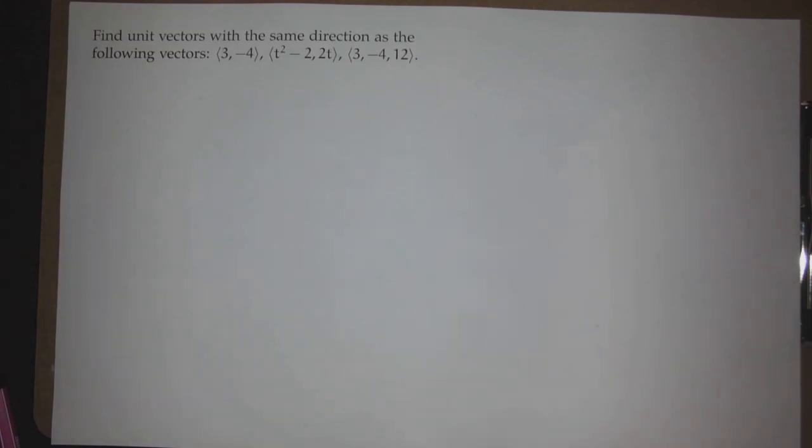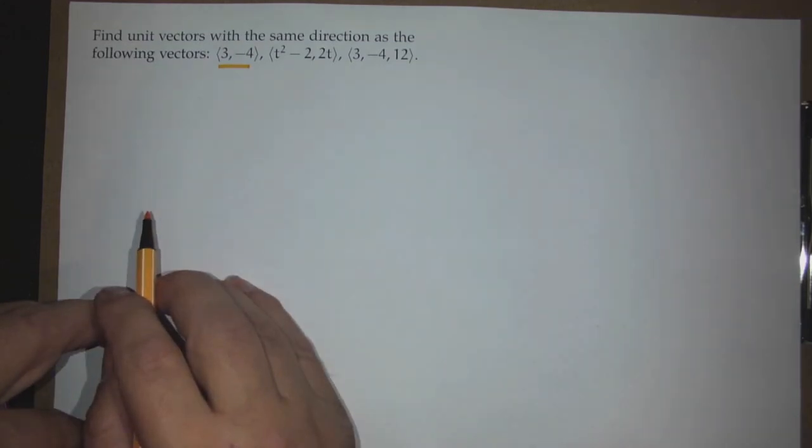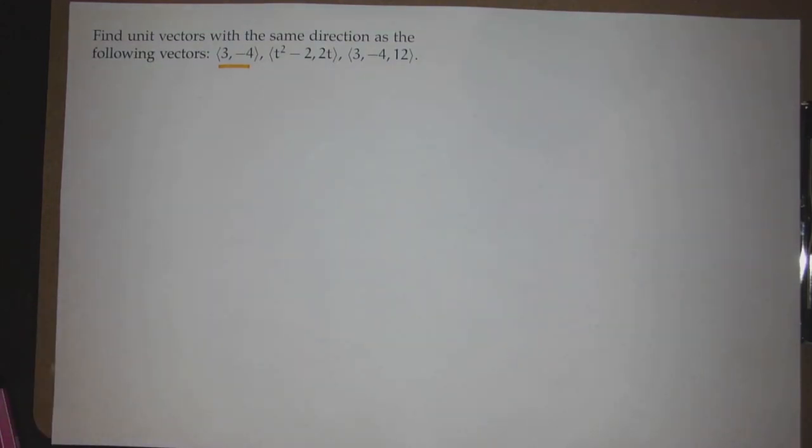So let's just pick some of these. We'll pick the first one, 3, negative 4. What's a vector which has the same direction, unit length? What's the unit vector pointing in the same direction? How do you figure that out?